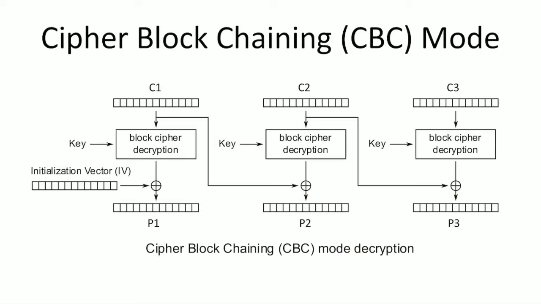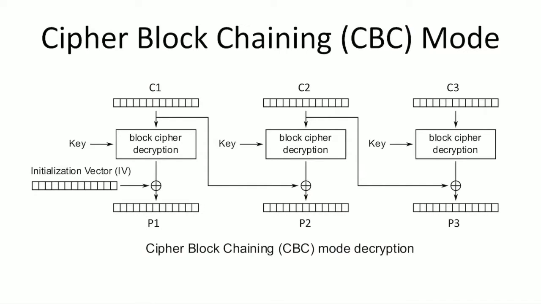This figure shows decryption using a block cipher in CBC mode. It is essentially a flipped version of the encryption in CBC mode. We first decrypt each ciphertext block using the block cipher decryption algorithm and the same key that we used for encryption, and then we take the plaintext and chain it with the previous ciphertext block, just like we did in encryption.